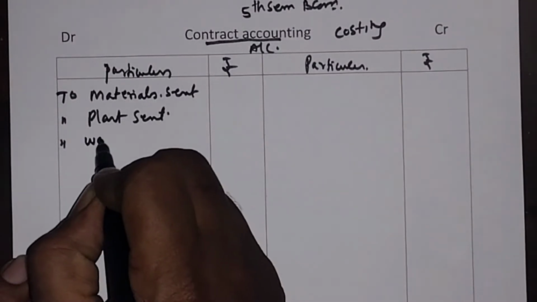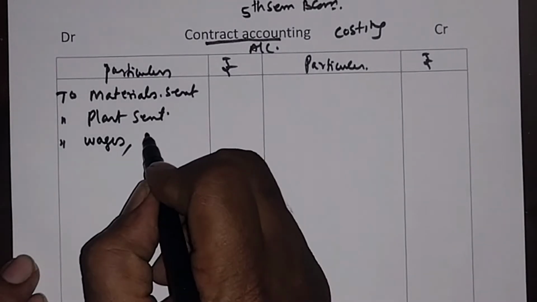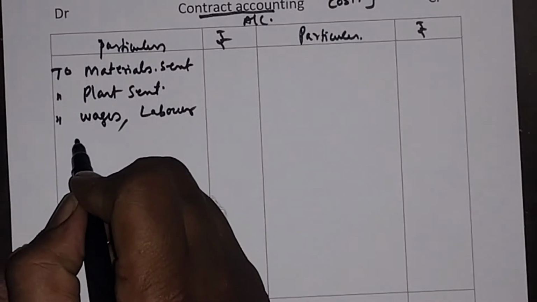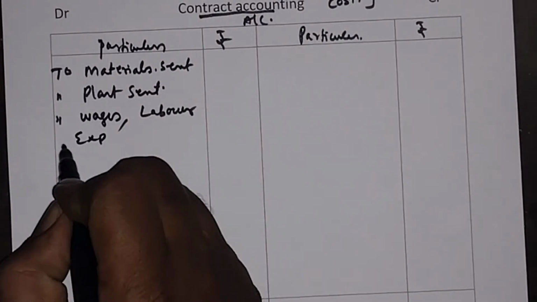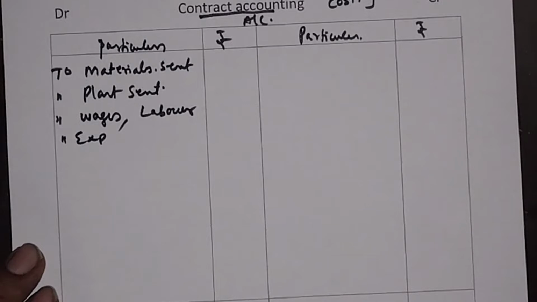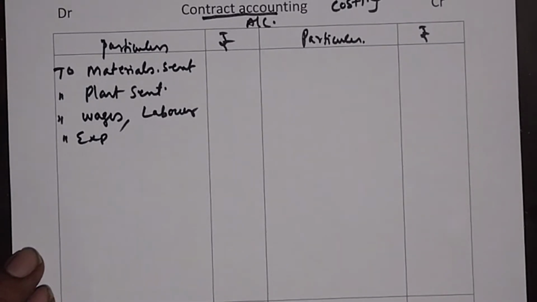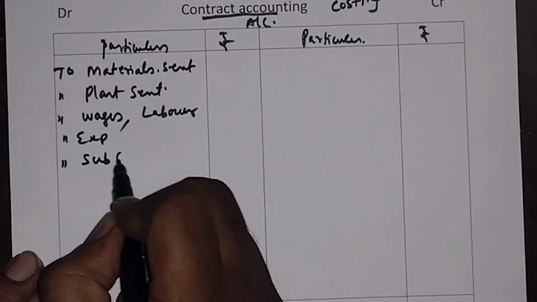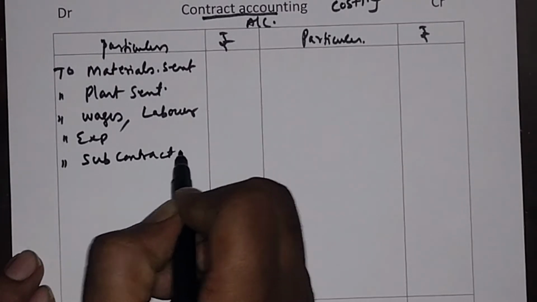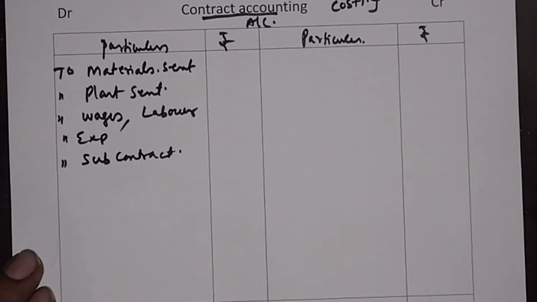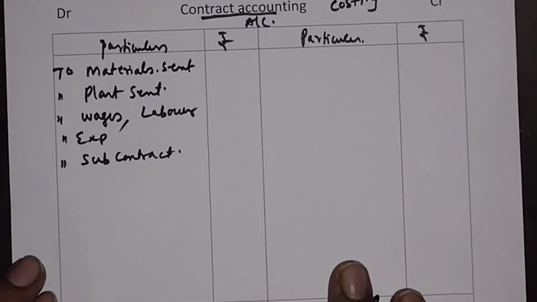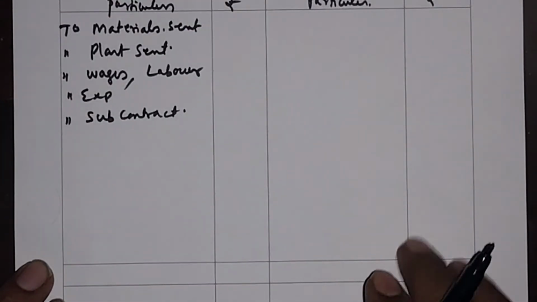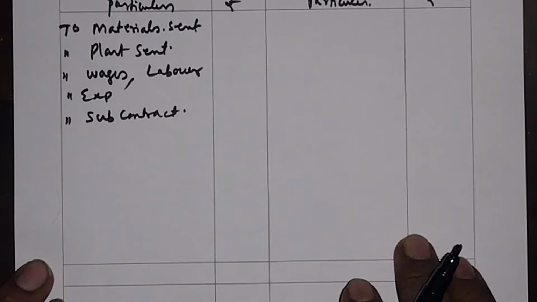Next are expenses relating to wages, labor and other expenses, general expenses. All other expenses will appear on the debit side. Sometimes there will be a subcontract, that also will appear on the debit side. So any expense relating to this contract will appear on the debit side.